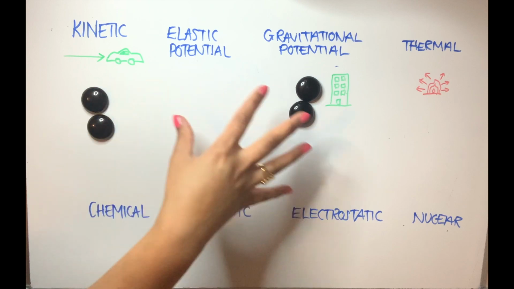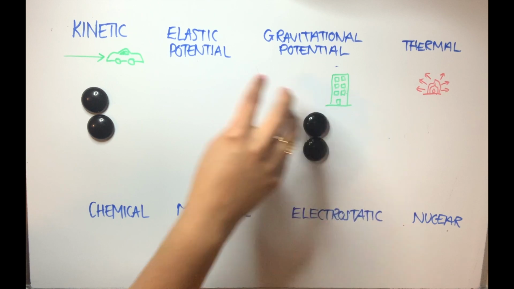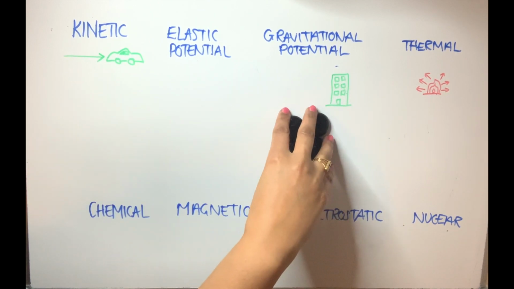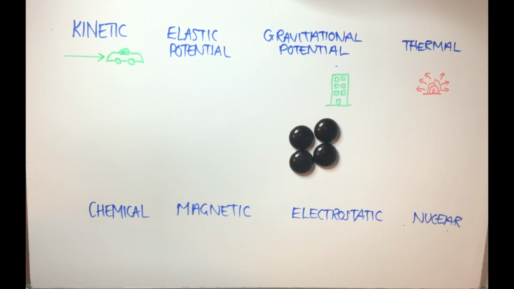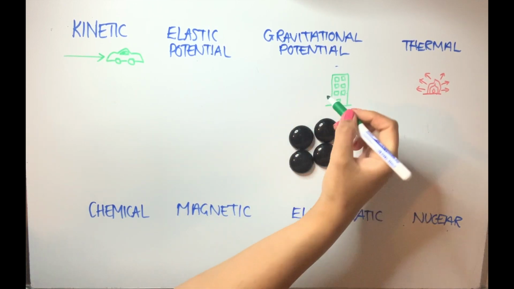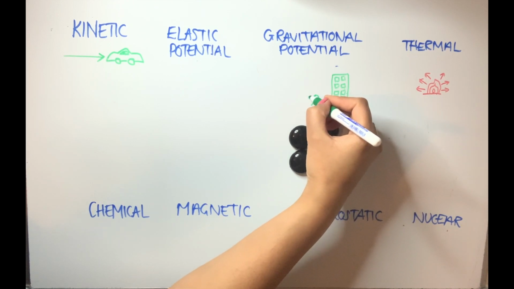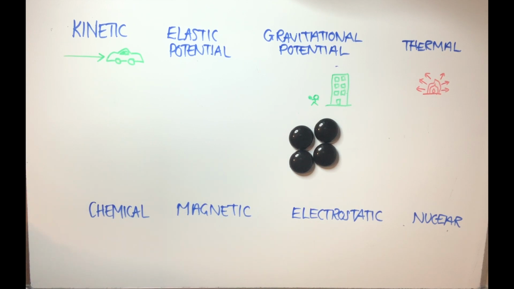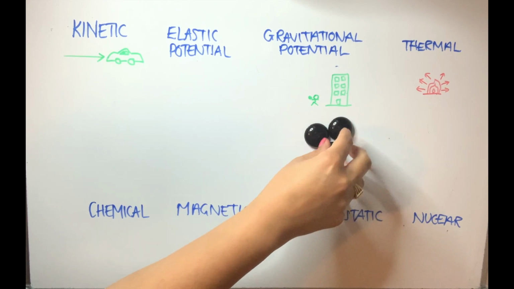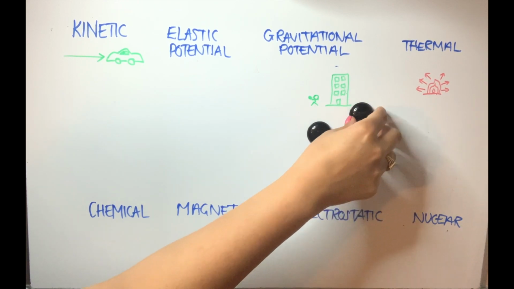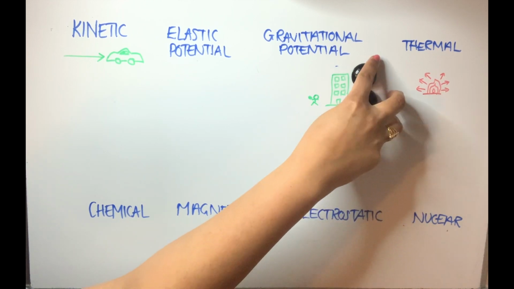So looking at this as an example, let's say I have a ball, and I take my ball into a building. Okay, so you've got your person holding a little ball there, and you take your ball into the building. The energy, as we're moving up the building, is being transferred into kinetic energy as we're moving up the building.